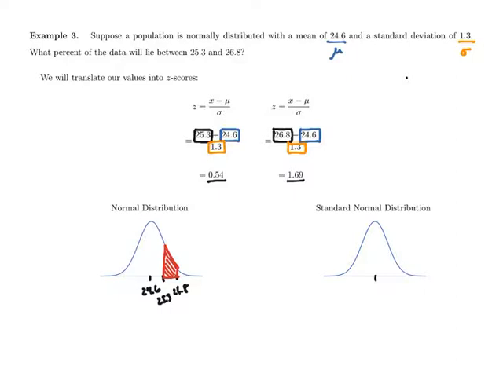Back in our previous problem, now we have the same thing we've been doing for a little bit. We have 0.54 as our first value, and 1.69 is our second. So now we're thinking about this as the area in our standard normal distribution.